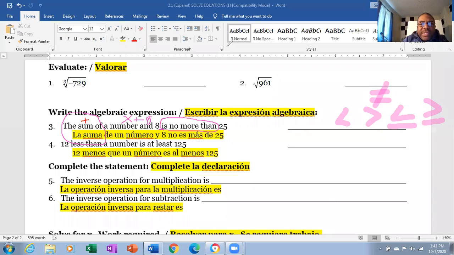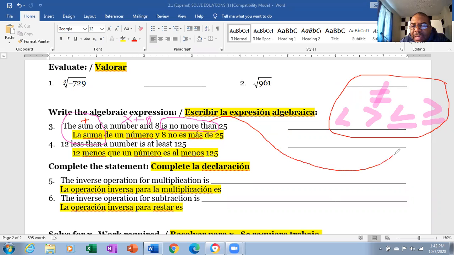Good. So when we say inequality, these are the inequalities. This is the inequality family. Okay. So is no more than means it can't go higher than. So that's going to be less than or equal to.